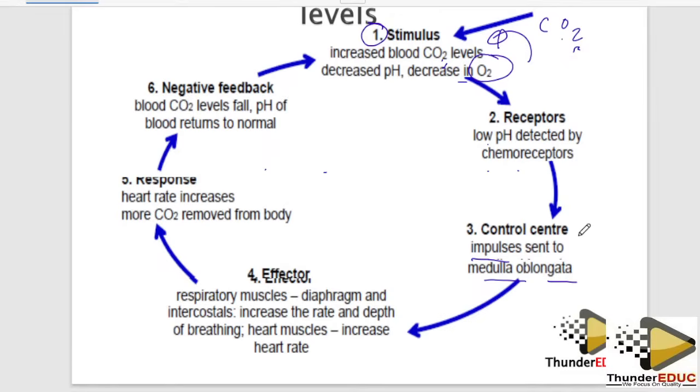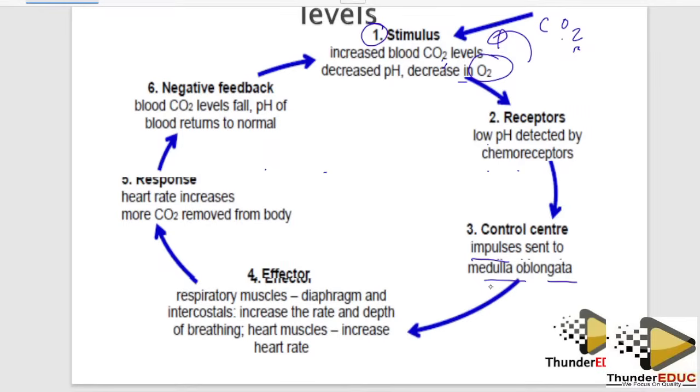How did it go to the rectum, so that you can go to the toilet to do the best action ever? It goes there. You don't have control over that. All those actions are controlled by the medulla oblongata. Hence, the impulse is sent to the medulla oblongata.